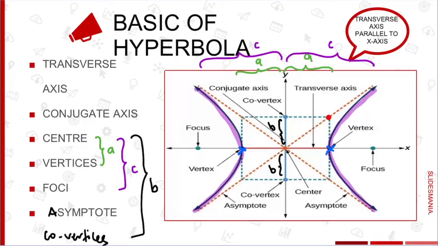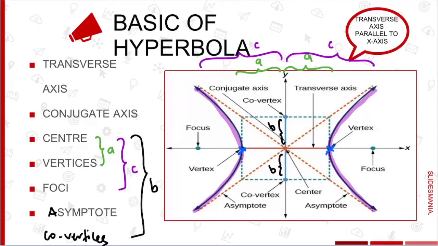Then connect the corners, making sure the line goes through your center. That is one of your asymptotes. For the other asymptote, from this point here, connect the line going through your center and then extend your line. So that is the other asymptote.